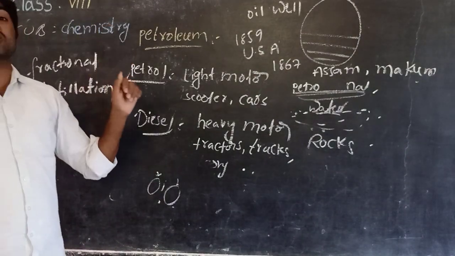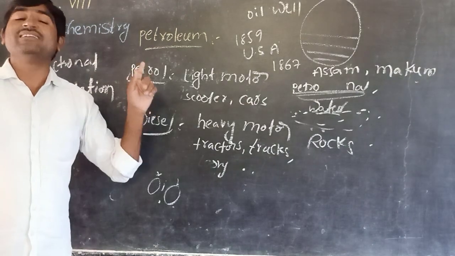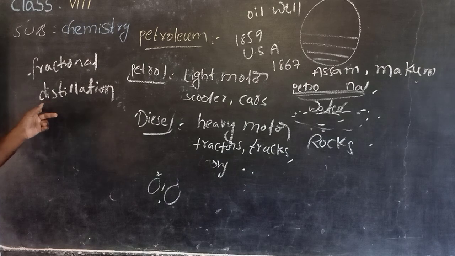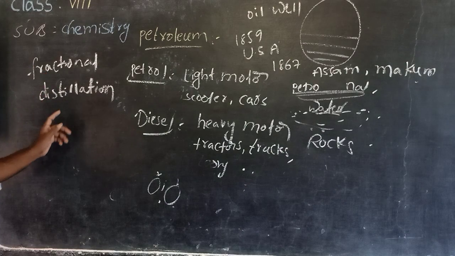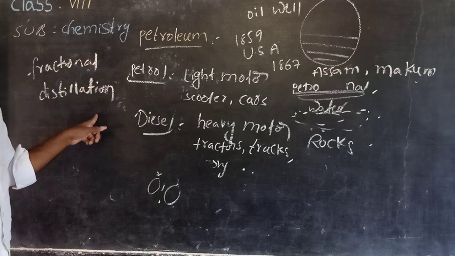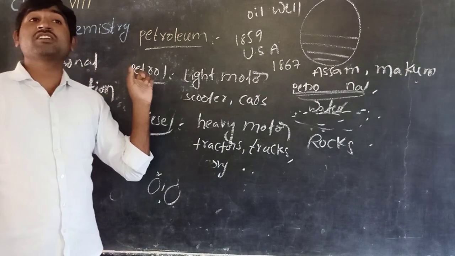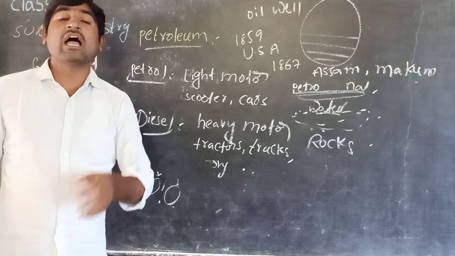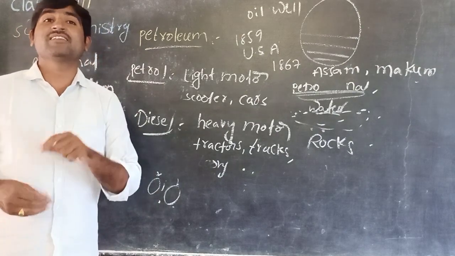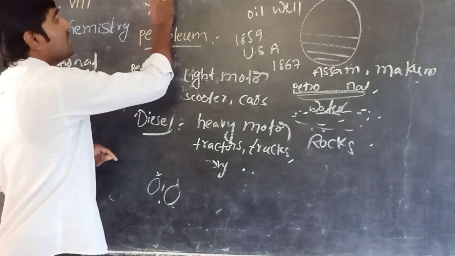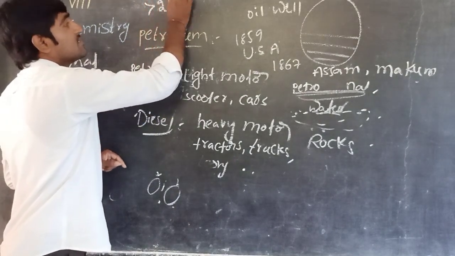How do we get different products from coal? By sending it to destructive distillation. But here we are sending it to fractional distillation. What is the difference between destructive distillation and fractional distillation? Destructive distillation is used for components whose boiling points differ by more than 25 degrees Celsius.